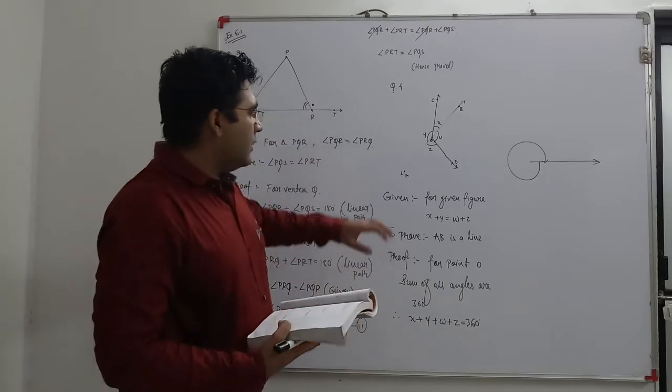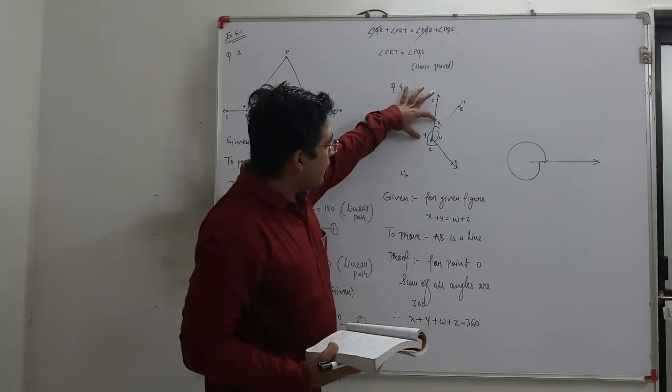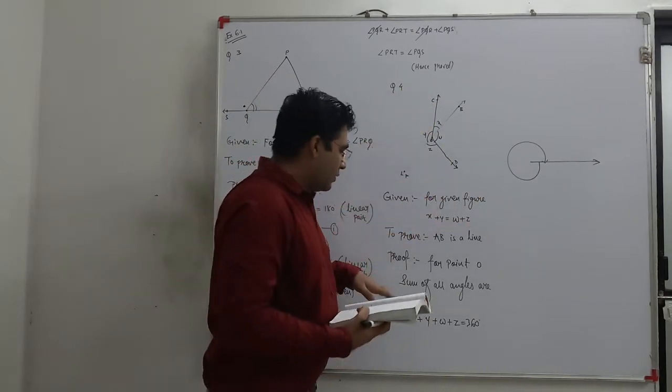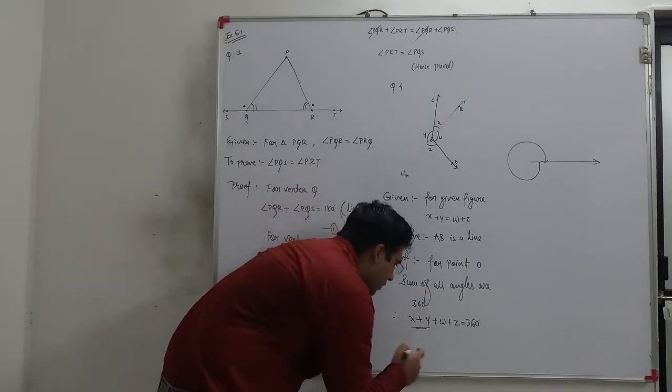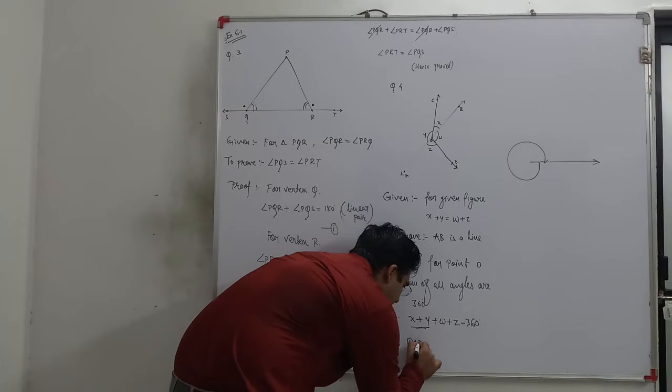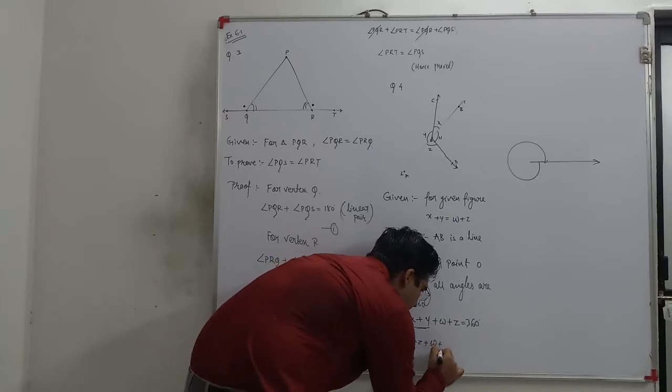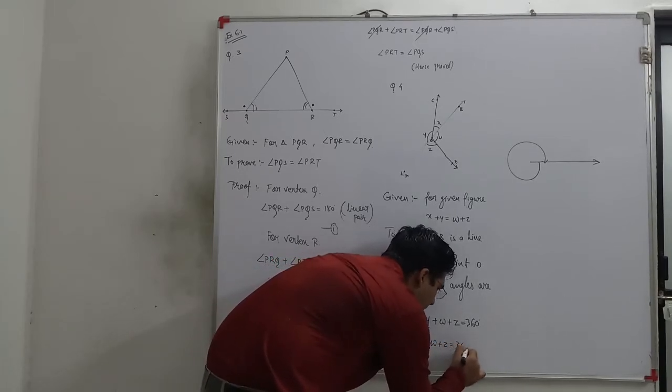As you see, X plus Y is equal to W plus Z, so we can put W plus Z in place of X plus Y. So W plus Z plus W plus Z becomes 360 degrees.